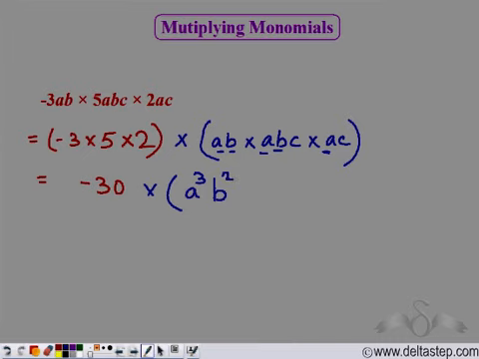So b to the power 2, b squared. What is left? c. c is also being multiplied 2 times. So we have c into c. So c to the power 2. So finally, we get our answer as negative 30 a cubed b squared c squared. And this is how we multiply monomials.